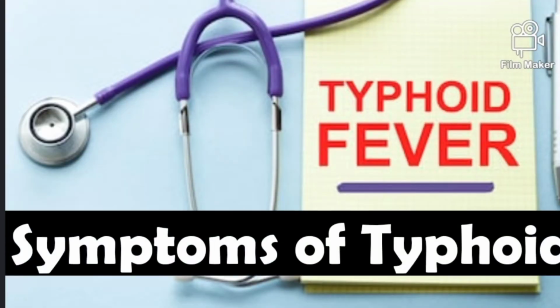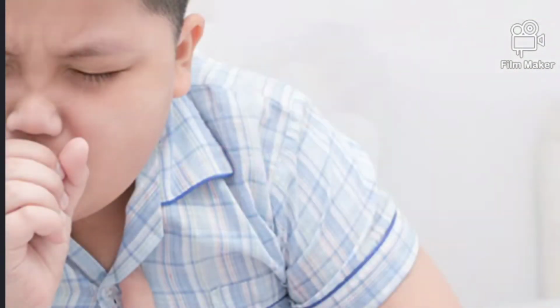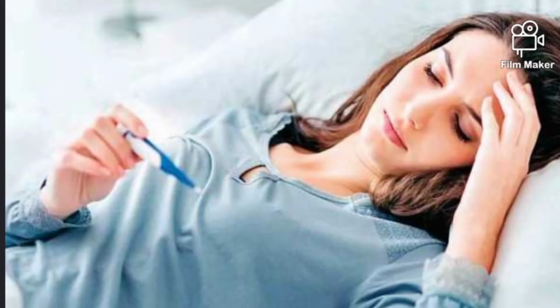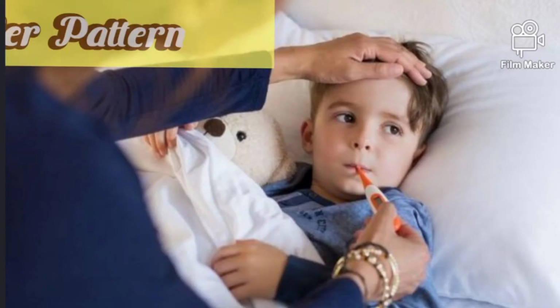Coming to the symptoms of typhoid, the person who gets typhoid experiences symptoms like dull headache, weakness, cough, most commonly a dry cough, and fever. In typhoid, the fever pattern is a step ladder pattern.